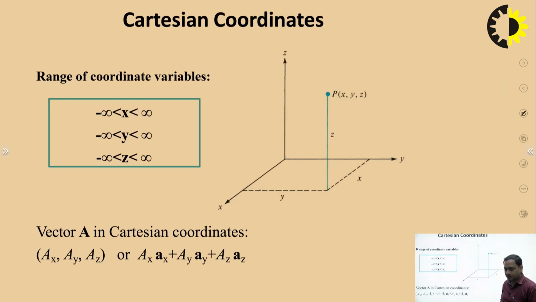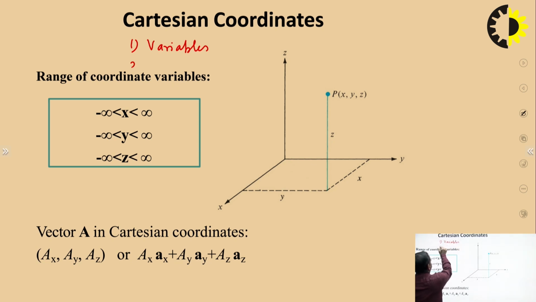So let's start. First is the Cartesian coordinate system, in which there are two things we have to take care about. First one is the variables, and the second one will be the components. In all the coordinate systems we will discuss these two points, variables and components.